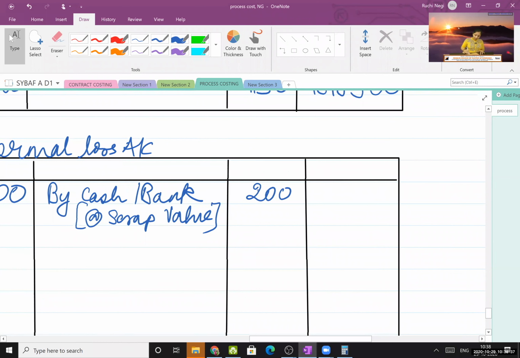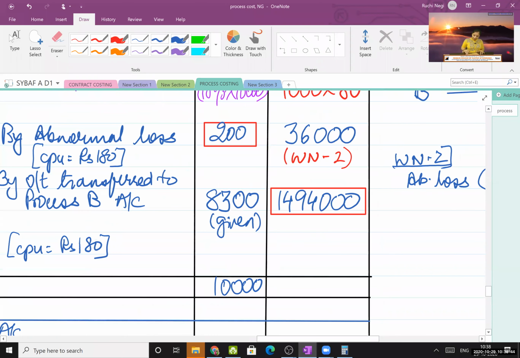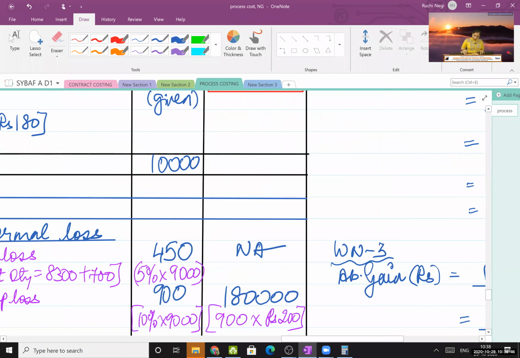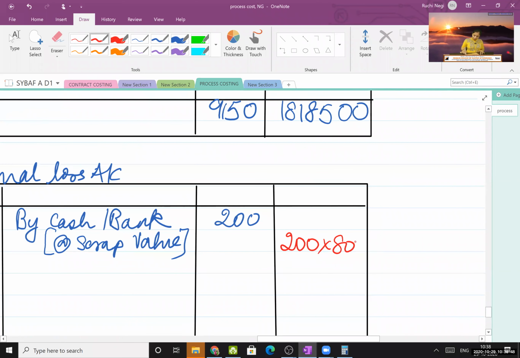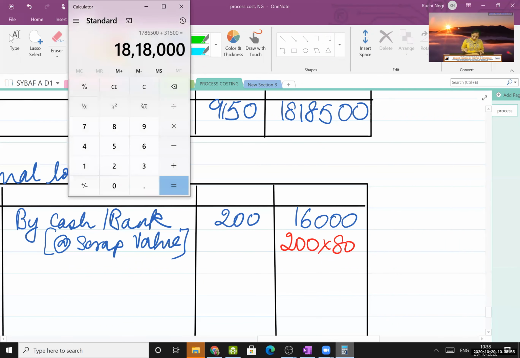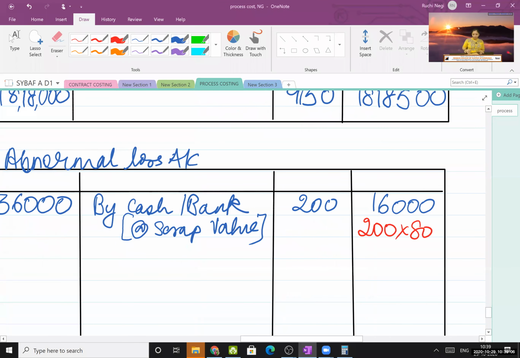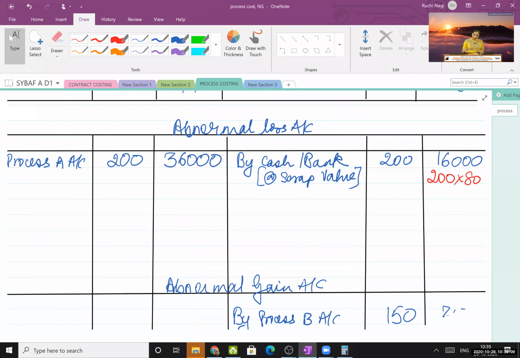So what's your scrap value? 200 multiplied with scrap value कितना आया था हमारा A के लिए? 80. So this comes to, yeah. Okay. 16,000. ठीक है, ये assumption होता है.